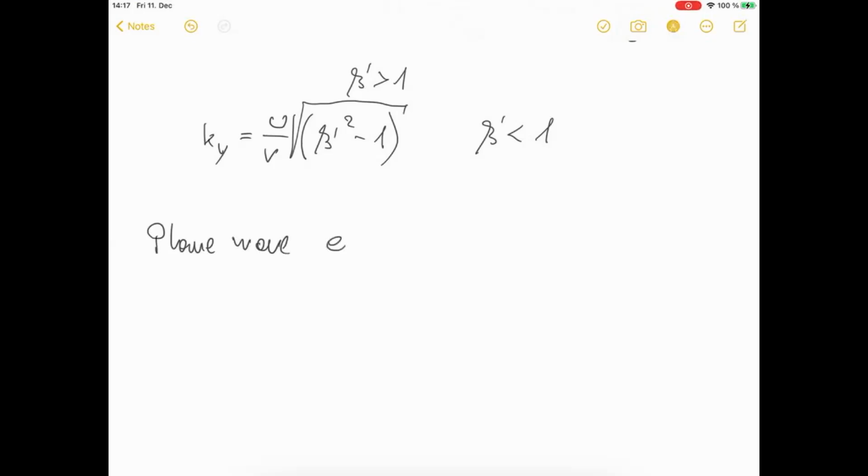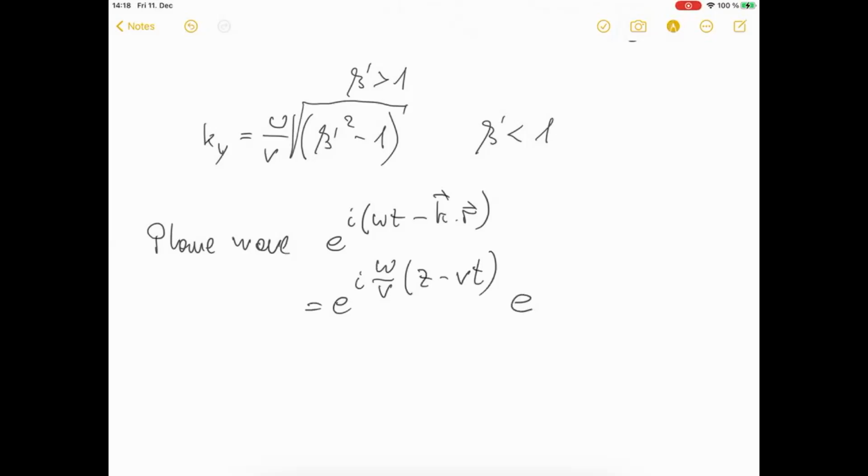And a plane wave is described by e to the i omega t minus k dot R. And we pick out the y component here because the y component will now be imaginary. So let's do it. It becomes e to the i omega over v times z minus vt, which describes a wave propagating with velocity v in the z direction that comes with the particle.